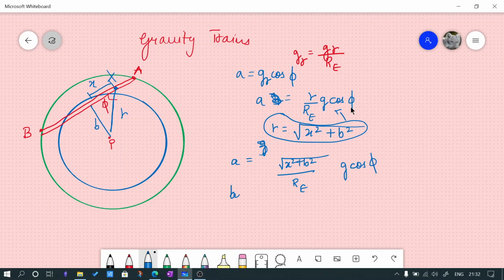But cos phi is equal to, sorry, not r by x, but x by r.